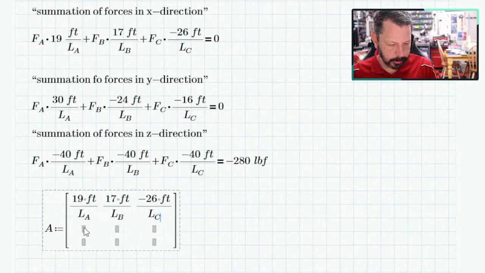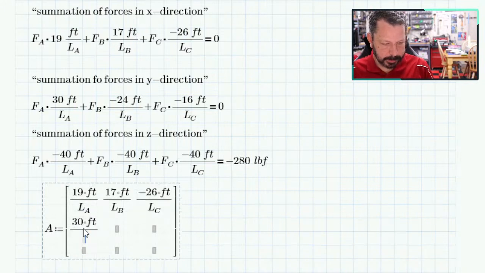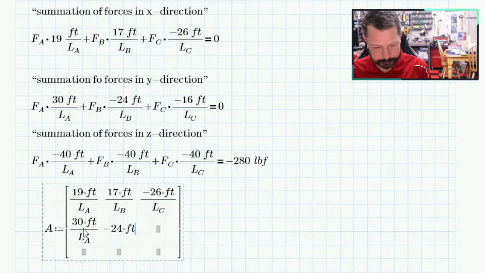And then in the middle row, I put all the coefficients that go with the summation of forces in the y direction. 30 feet. So if you had variables set up here, you could speed this up a little bit if you were doing it over and over again. We're just kind of solving it as a one-shot thing.